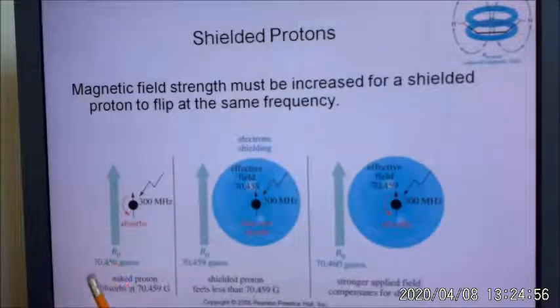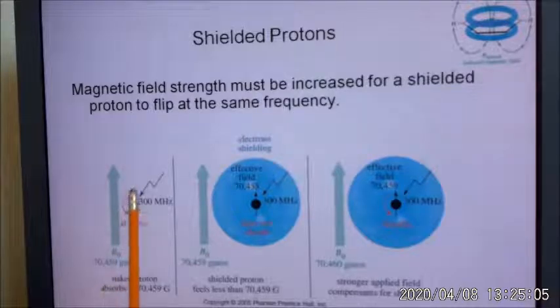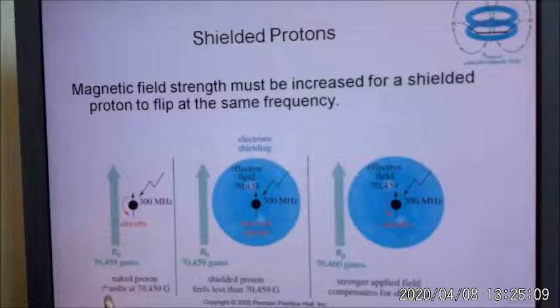So here, let's say I'm at basically 70,000 Gauss. I have my magnetic field, I have an alignment, I pulse it, and it absorbs it. Now, if it's naked, the proton sees the full strength.